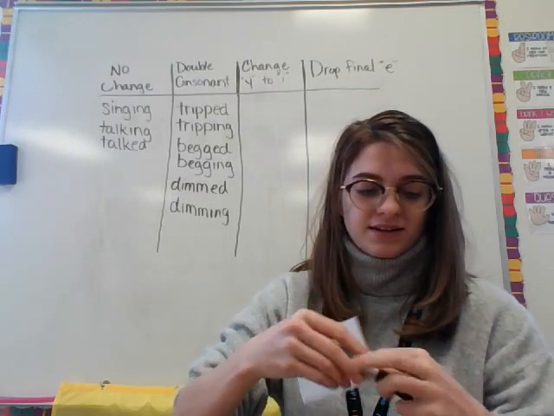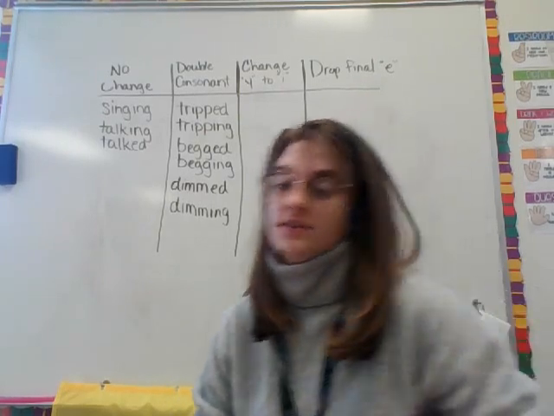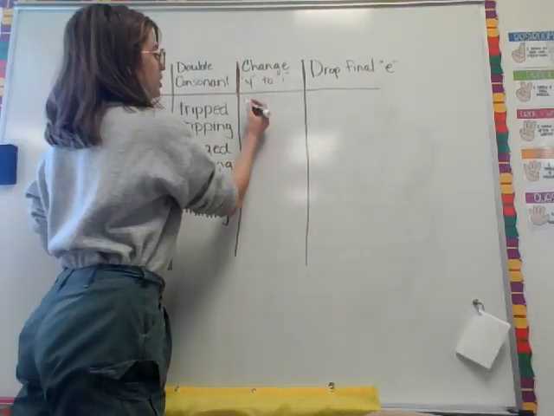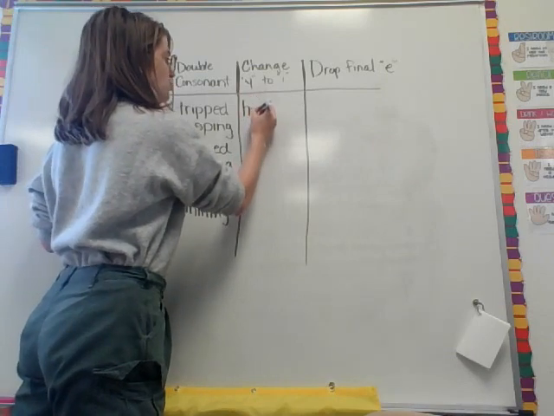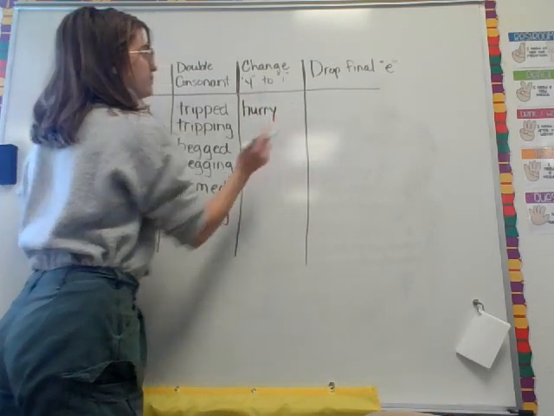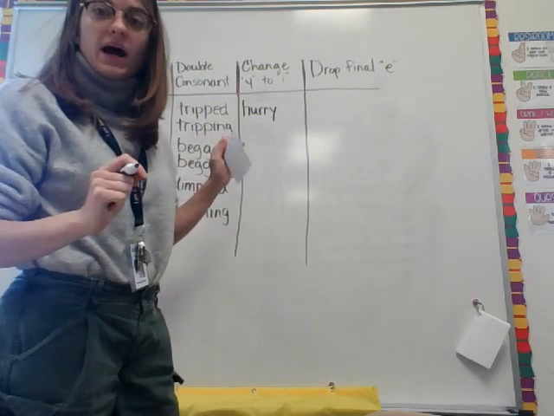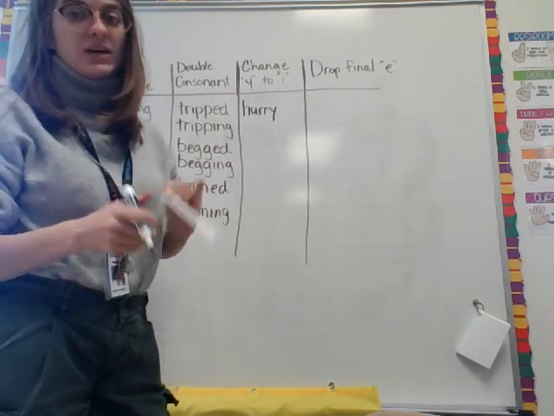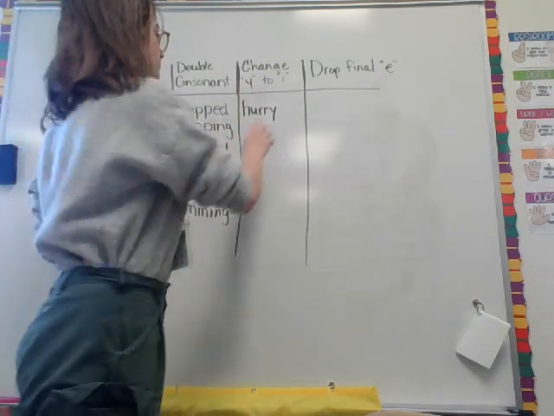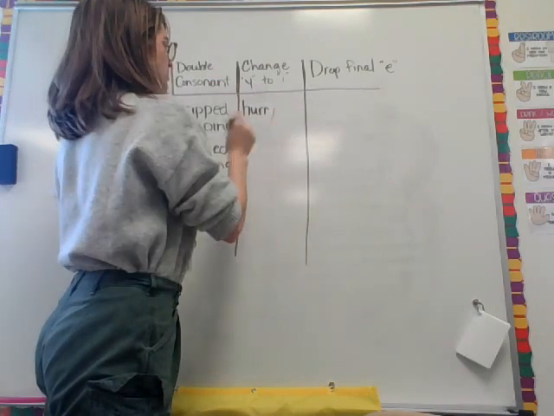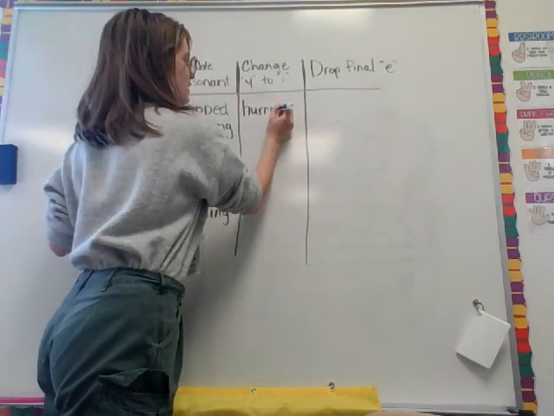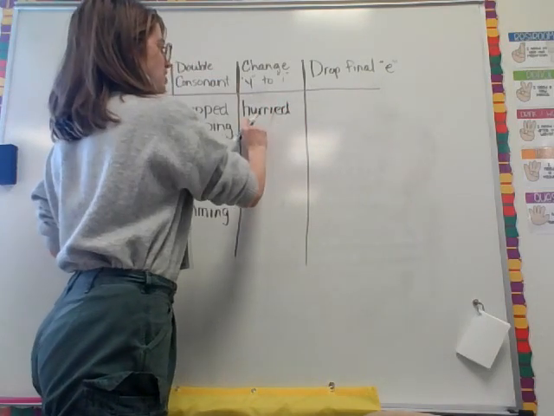I hurried to catch the bus. So we're going to start with the word hurry, but we're going to change that Y to an I, and then we can add the ED to make it past tense. So we change the Y to I, and we add ED to write hurried.